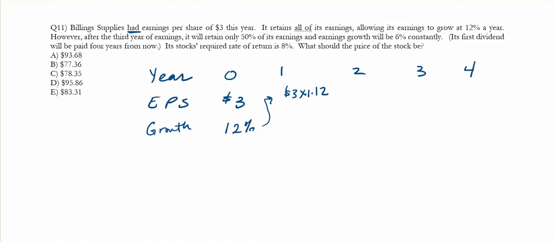Right, so we have 12% every year because they're retaining everything.